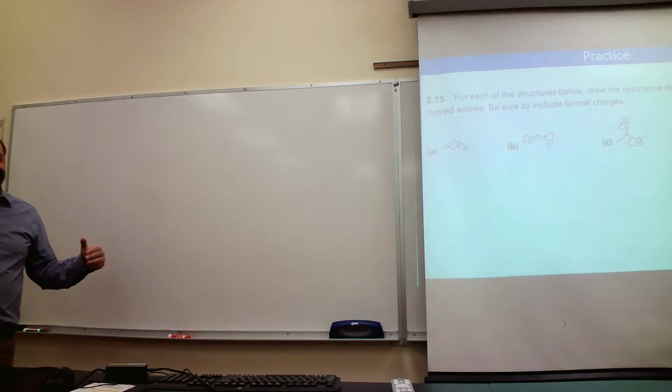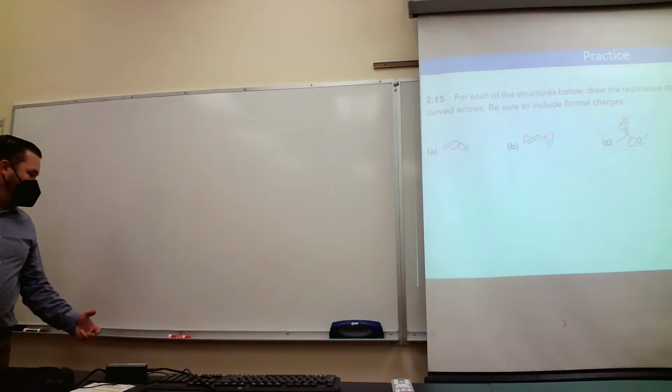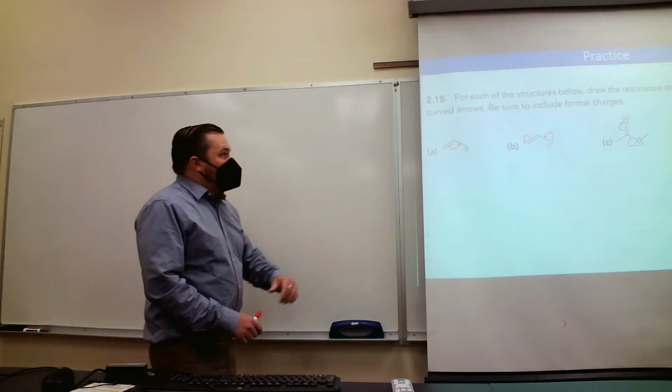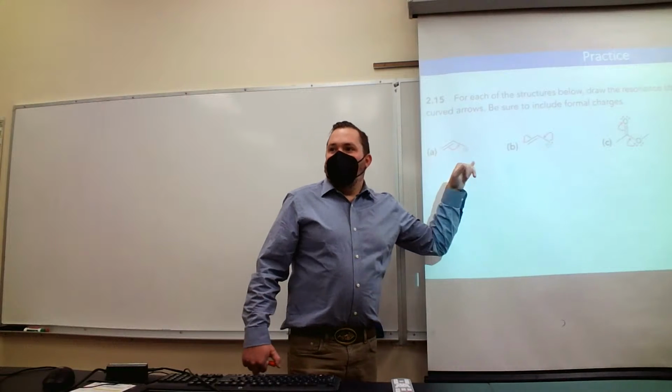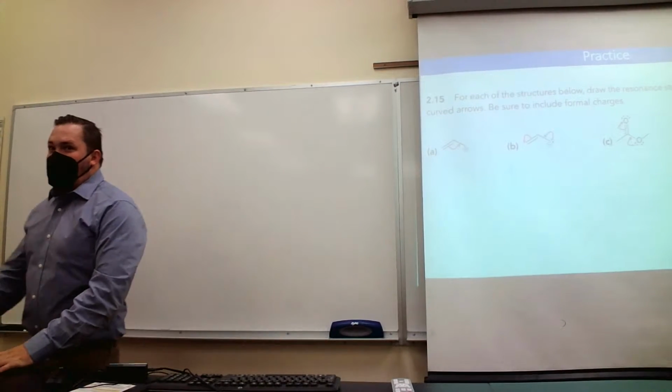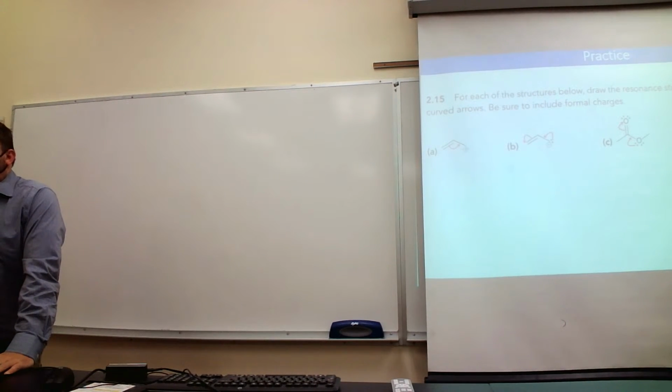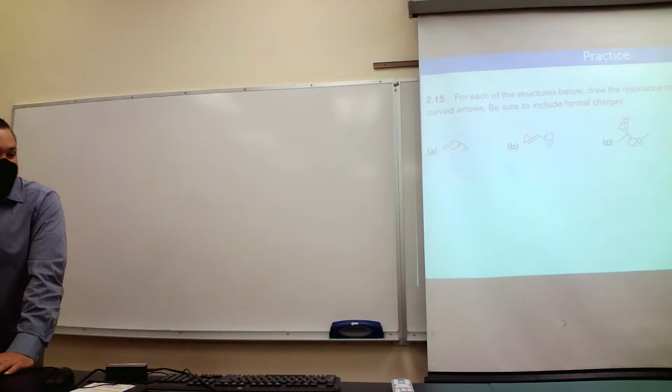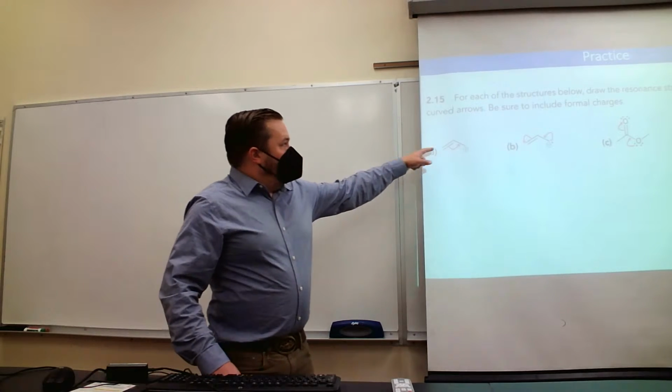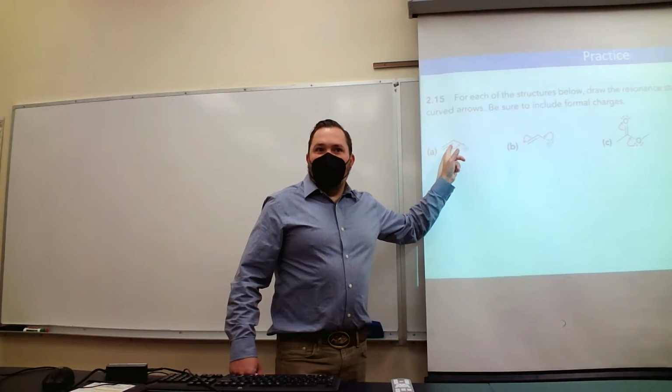So we're always going to be showing electron movement, and the way we do that is with these curved arrows. Remember back in Gen Chem, I may have mentioned that chemists get really, really picky about their arrows. Here's another case of that. If it's a curved arrow, it's showing electron movement.